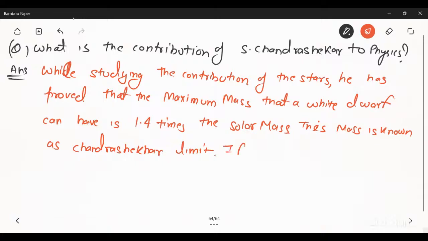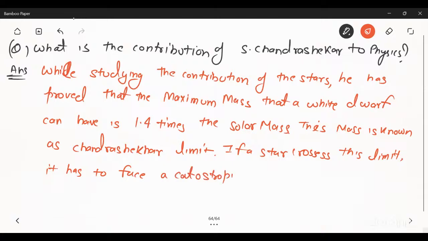If a star crosses this limit, it has to face a catastrophic collapse.